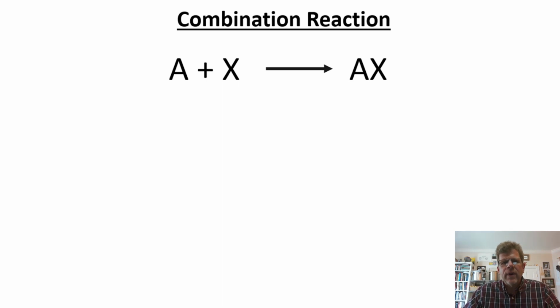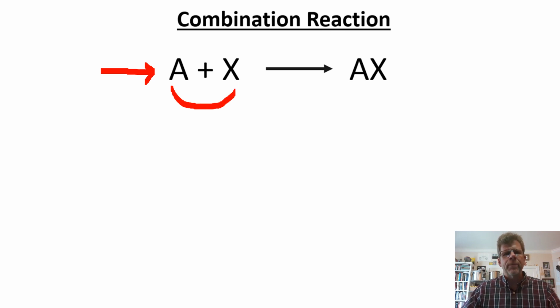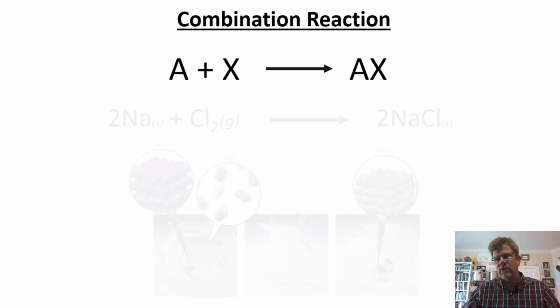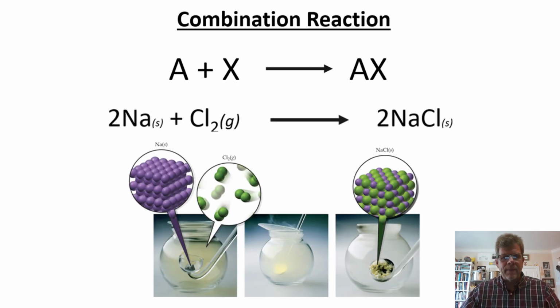A combination reaction, here is a very general way of putting it, where we have reactants and products as variables. A plus X goes to AX. Here we are clearly taking two separate reactants and combining them into one. Therefore, we get that combination reaction. Again, this is also known as a synthesis reaction. An example might be the following.